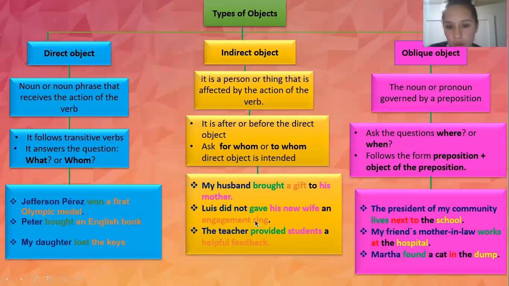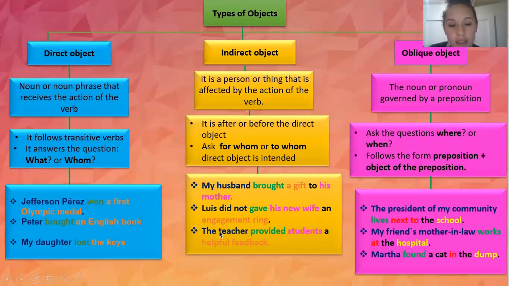As I already told you, the indirect object could be after or before the direct object. In this case, it is before. In this case, it is his new wife.